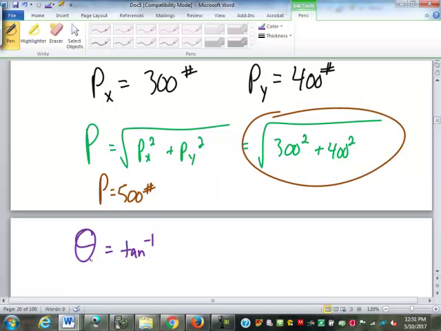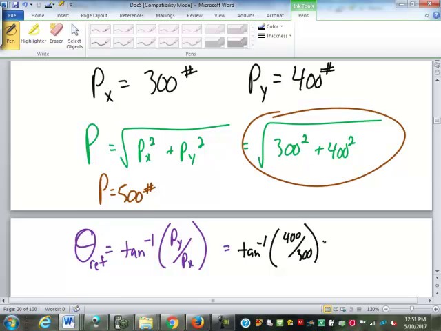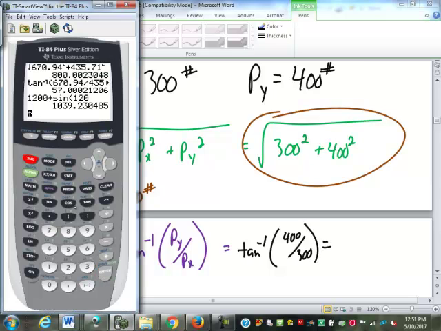Now, I'd said earlier that theta was the inverse tangent of Py over Px. And that's partially correct. Technically, theta ref, ref stands for reference. That was the reference angle for theta is the inverse tangent of Py over Px. So the inverse tangent of 400 over 300 gives us 53.13 degrees.